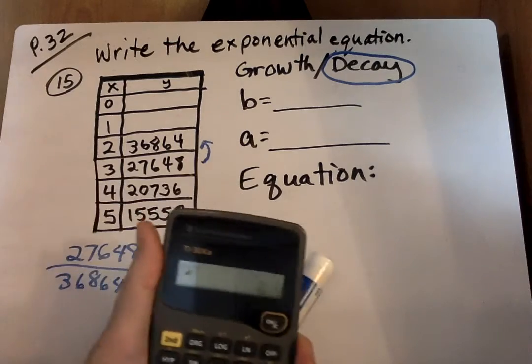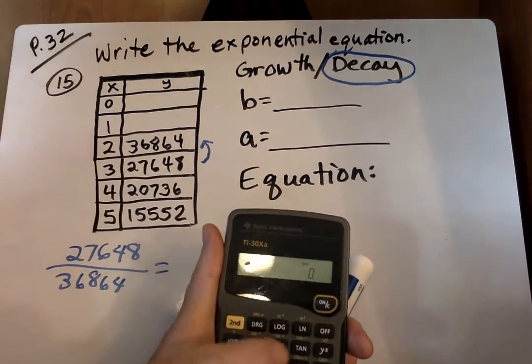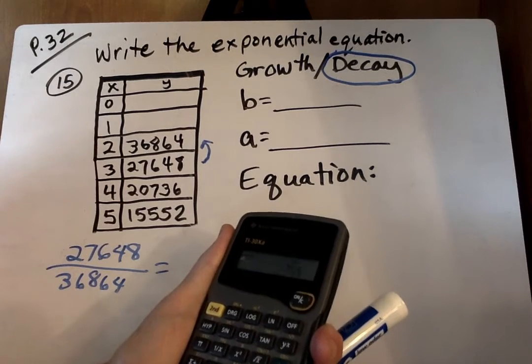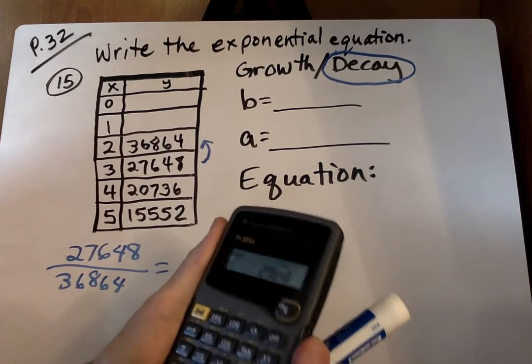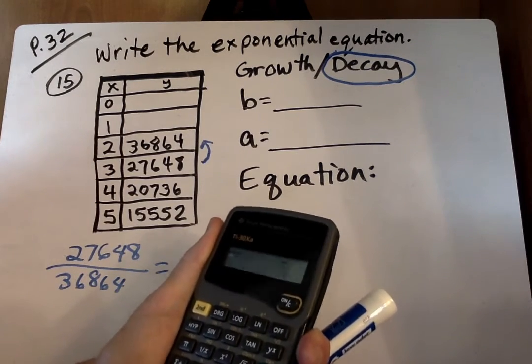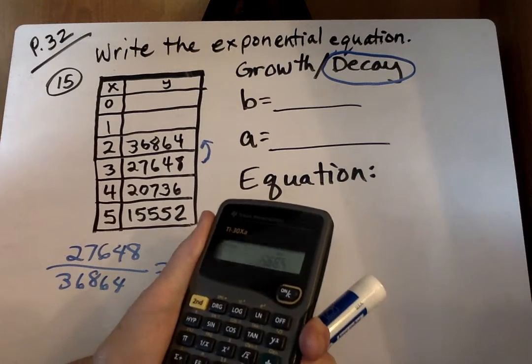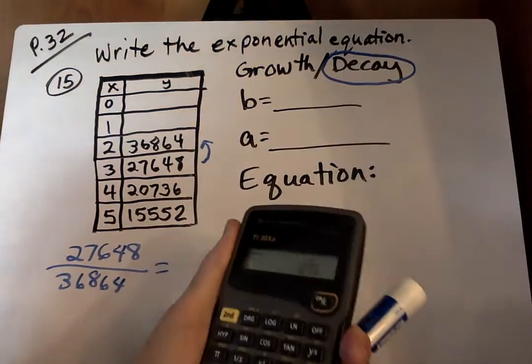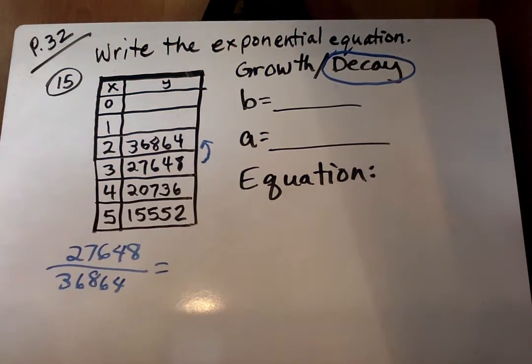So I take my calculator here and I put in 27,648 and I divide it by 36,864. And it equals 0.75.